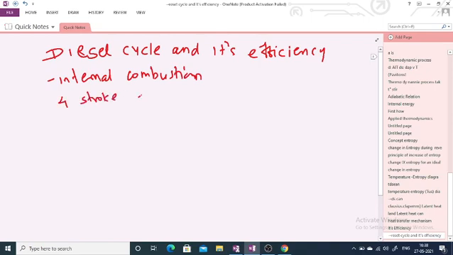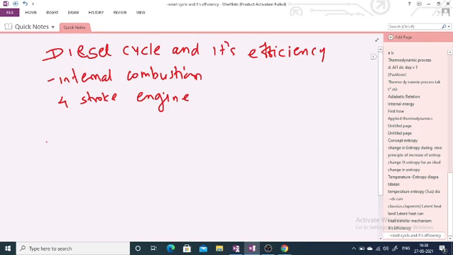It is usually used as a more efficient replacement for the stationary steam engine. It is also used for submarines and ships, locomotives, trucks, heavy equipment, and electricity generation plants.